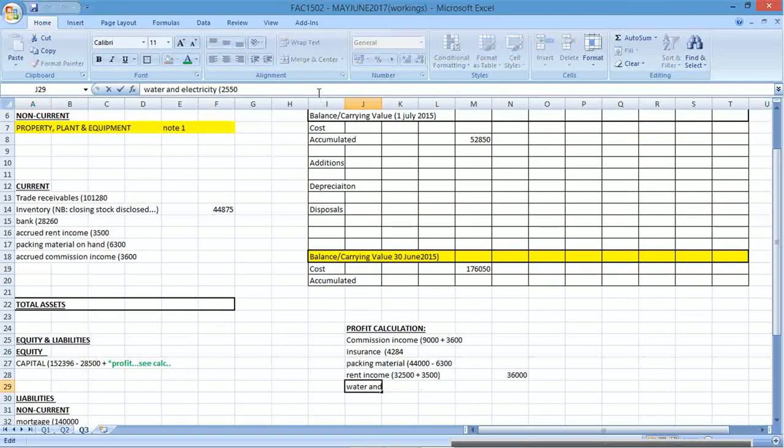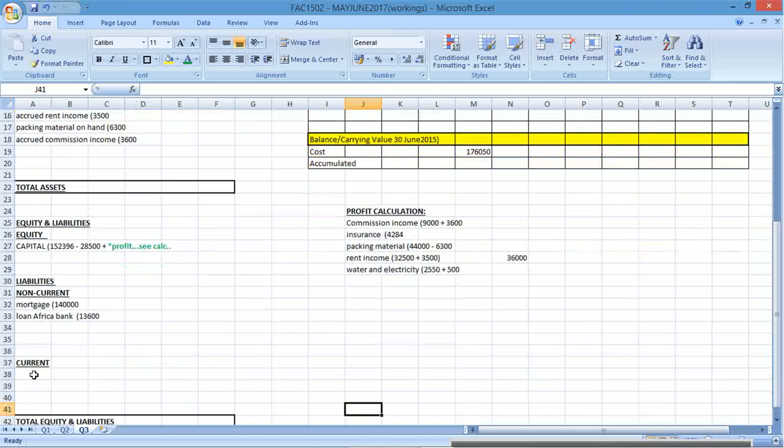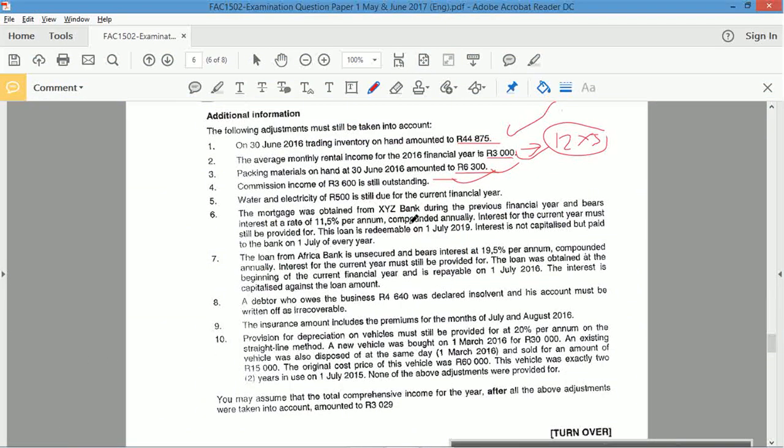It's accrued expense. Good. Plus how much? 500. If it's accrued, it's going to go down here. Accrued water and electricity expense, 500. Got that. Yes. Next, what is it?